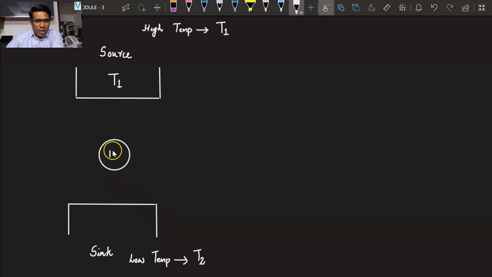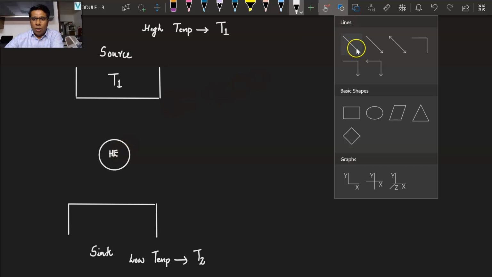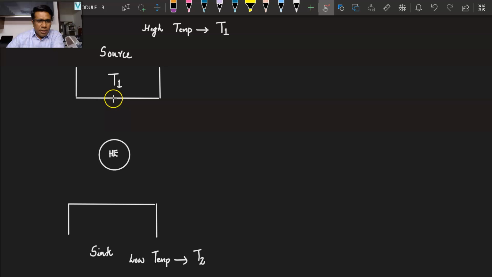And in between the source and the sink, a heat engine is installed. Now, how does it work? The heat engine absorbs heat from the source. I'm marking it as Q1.